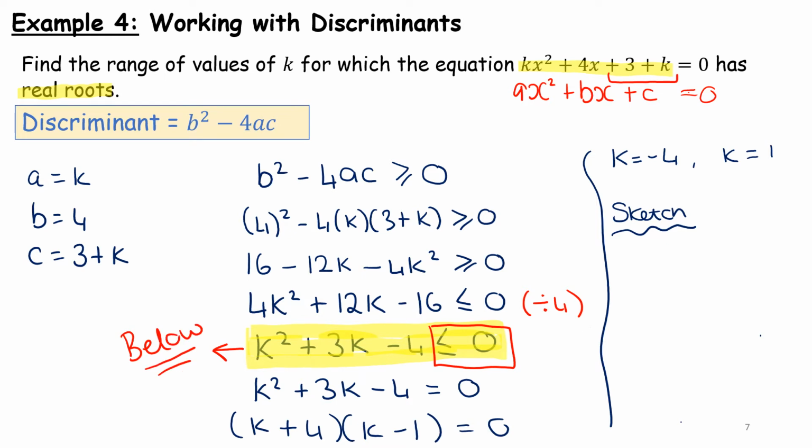So my sketch will look like this. My minus 4 here, 1. You might say, oh, that doesn't look like it's minus 4 and 1. That's fine. It is only a sketch. It's only to give us a sense of where we're looking on the graph. So less than 0, so we're looking below this portion here. That corresponds to the x values in here.